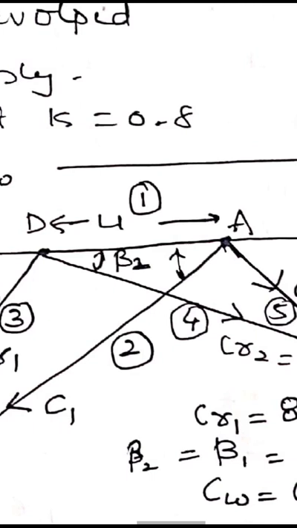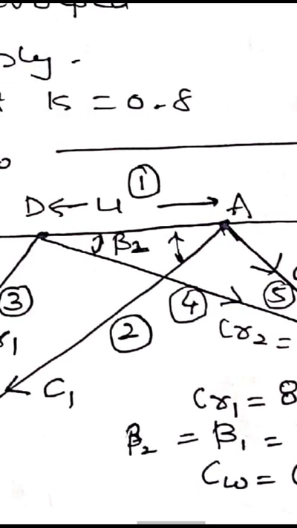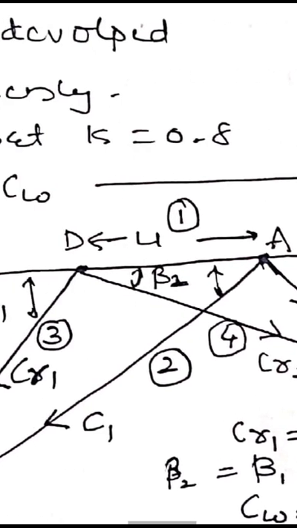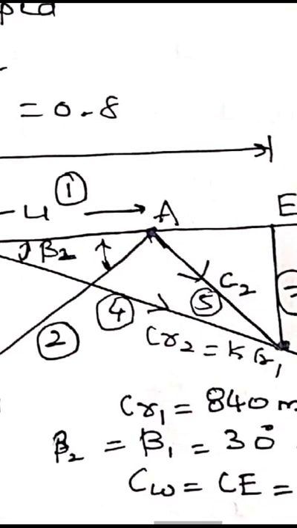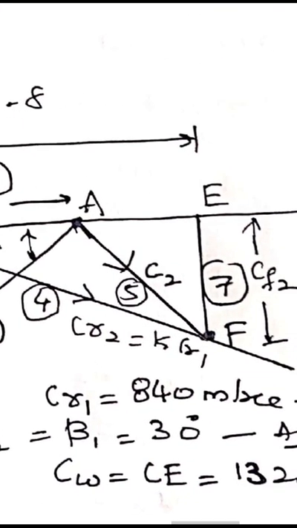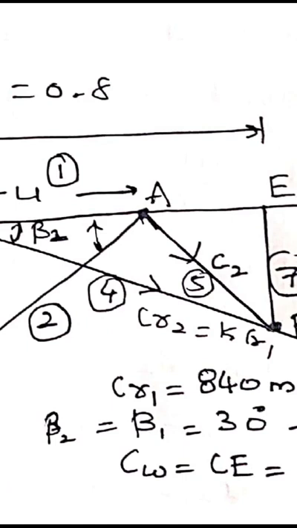With D as center, draw a line DF at an angle beta 2 equal to beta 1 equal to 30 degrees, and mark DF equal to Cr2, which is k into Cr1, that is 0.8 times 840. Then join AF. AF gives C2.